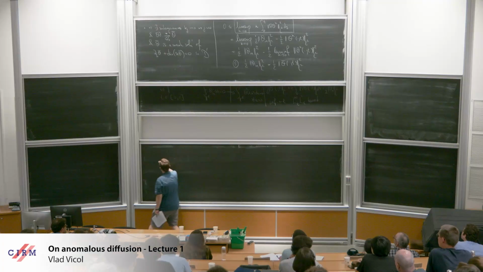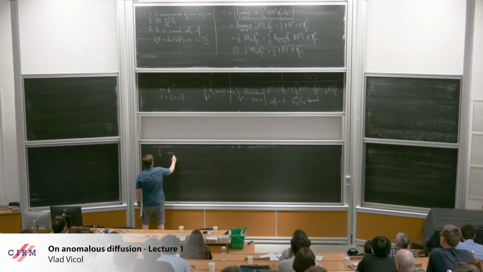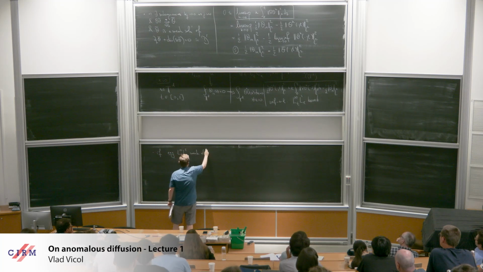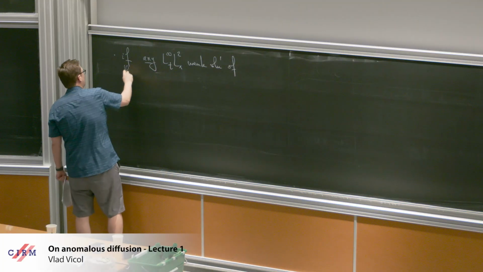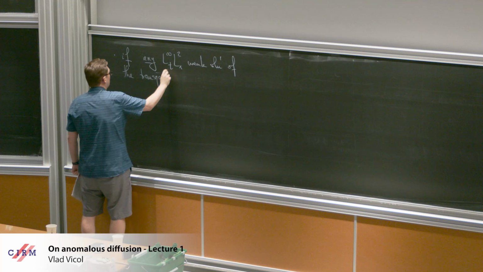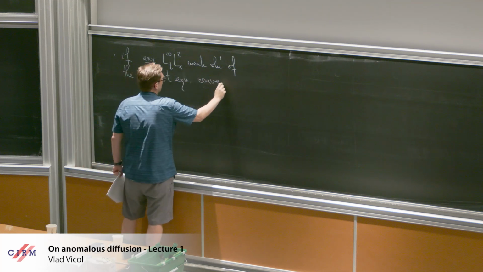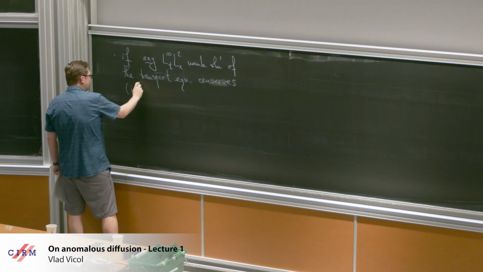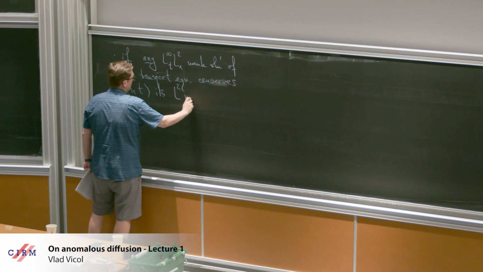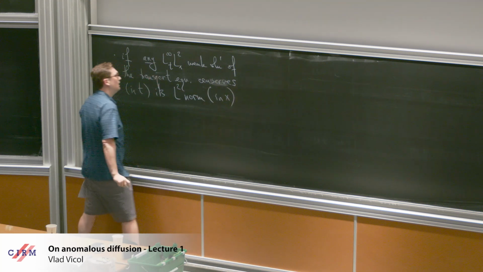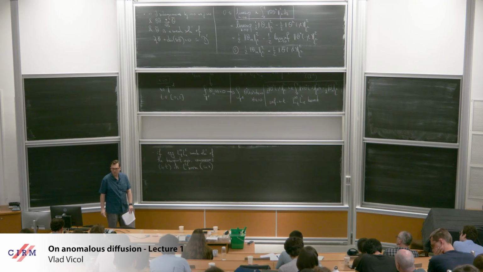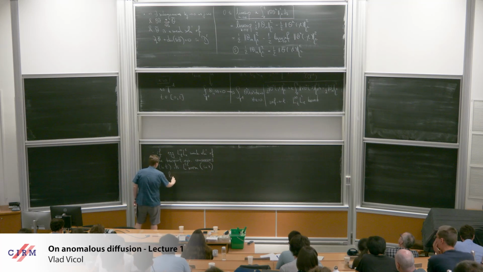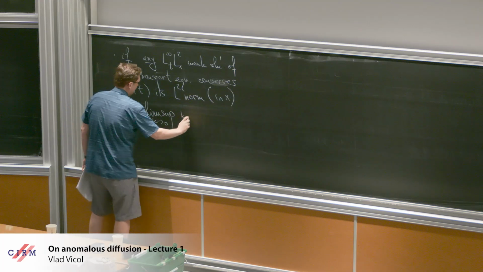So if any weak solution of the transport equation conserves in time its L2 norm, then the right-hand side of the top inequality is 0. Then 0 is less or equal to this.